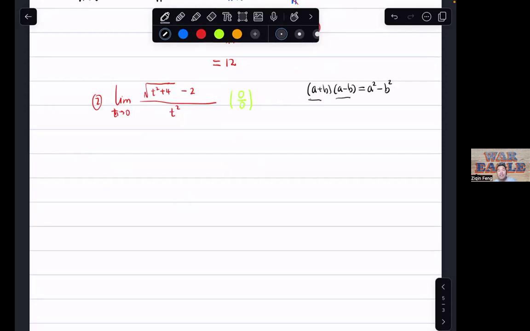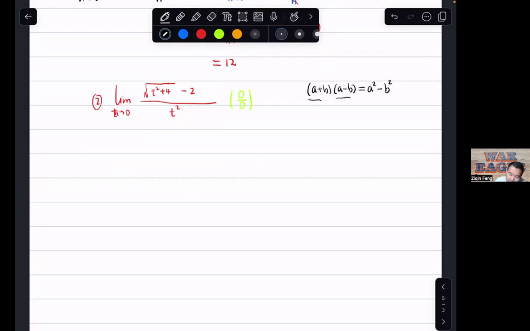So if it happens that one of them contains a square root, you can use this formula to get rid of the square root. If you get rid of the square root, maybe you can take out a common factor. So that's our strategy.